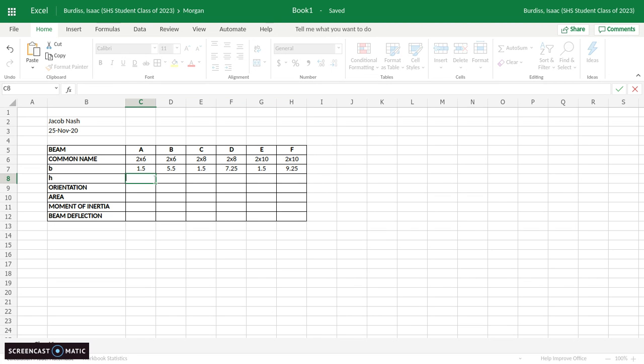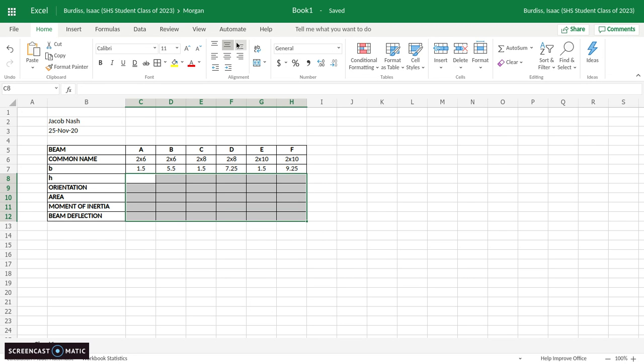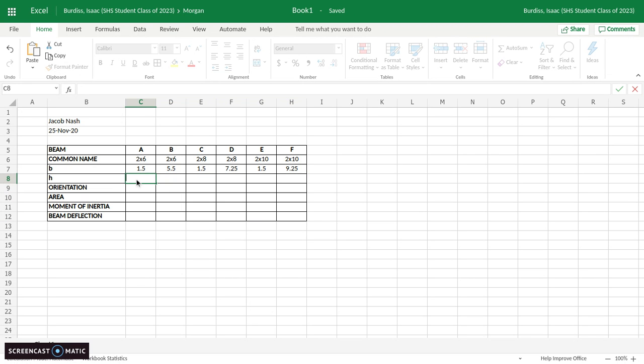Now, orientation. Now, if you remember that from the problem, the reason, basically, these have the same common name, but they're different because their base and height are different. They're inverse of each other, if you notice that.